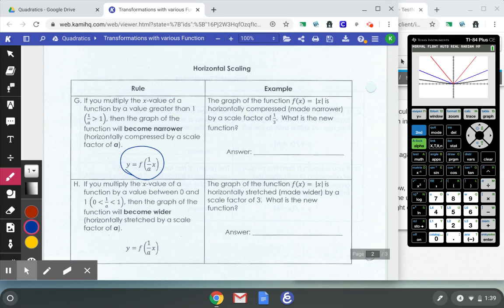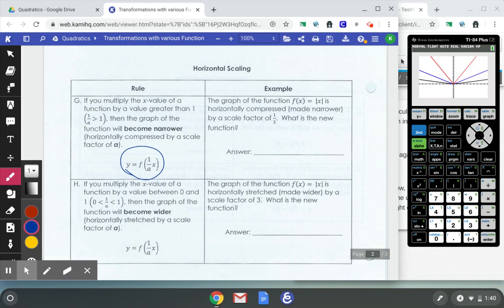In red is where I had 3 times my x value, where the value of 1 over a ended up being greater than 1. And in black is where I was multiplying x first by a third. So that 1 over a value was less than 1, but greater than 0 still. And that made it wider, horizontal scaling.